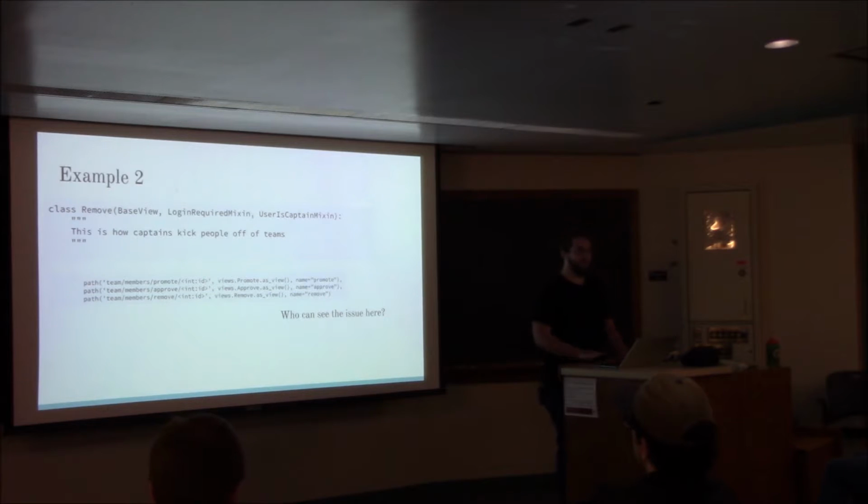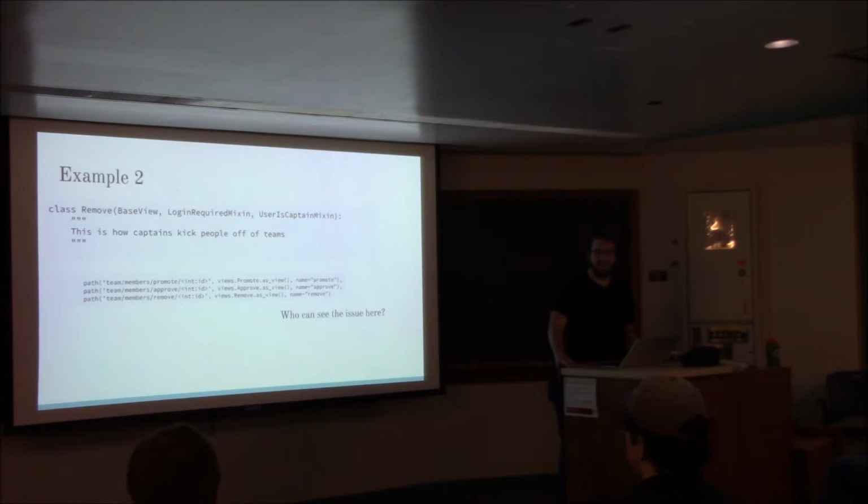So example number 2. This is an example of some code I wrote, actually the new CDC sign-up application. A couple of members here, looking at you, Losby and Cole, are actually aware of what this particular bug that's on the screen did.